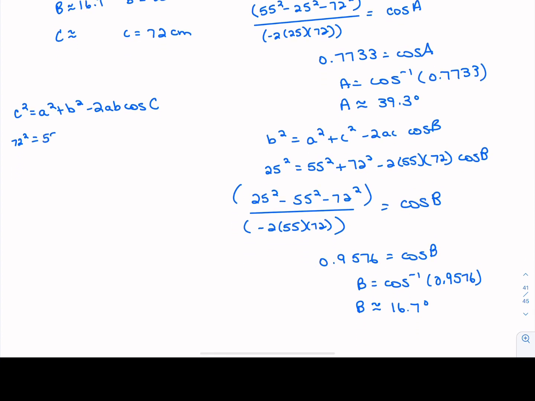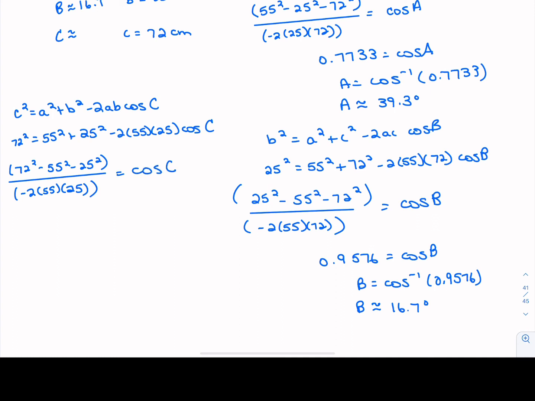So we've got 55 squared plus b squared, or 25 squared, minus 2 times 55 times 25 multiplied by the cosine, again, of angle C. So doing a quick manipulation here, we've got 72 squared minus 55 squared minus 25 squared, and we will divide that, of course, by negative 2 times 55 times 25 to give us that cosine C value.